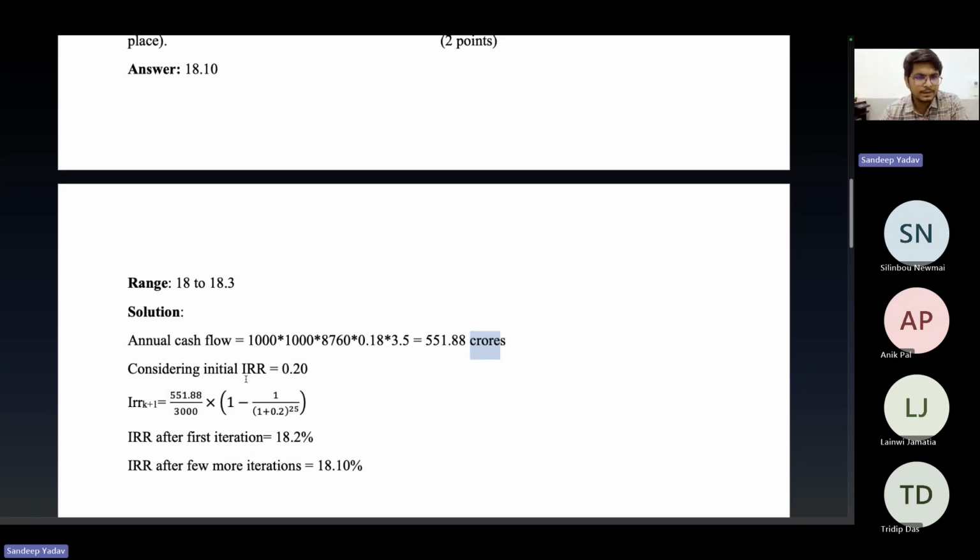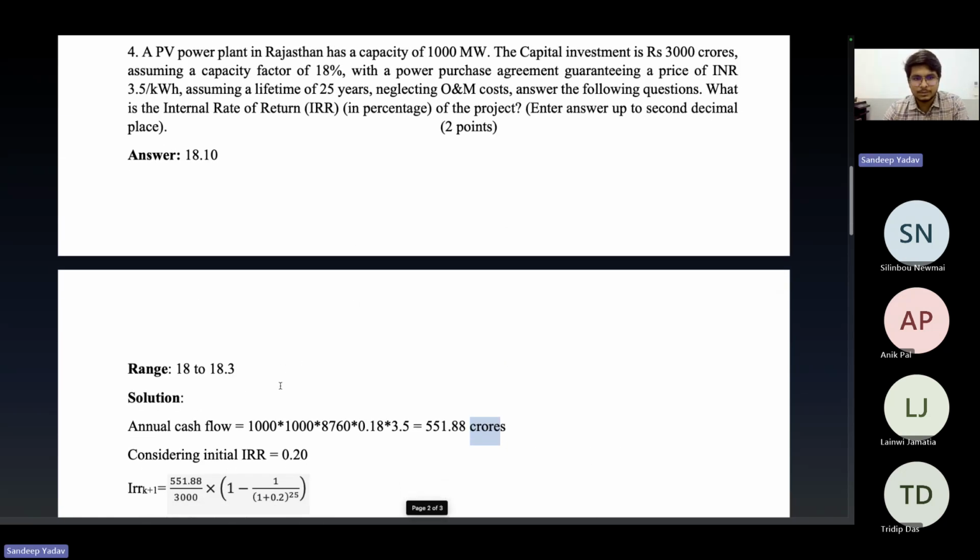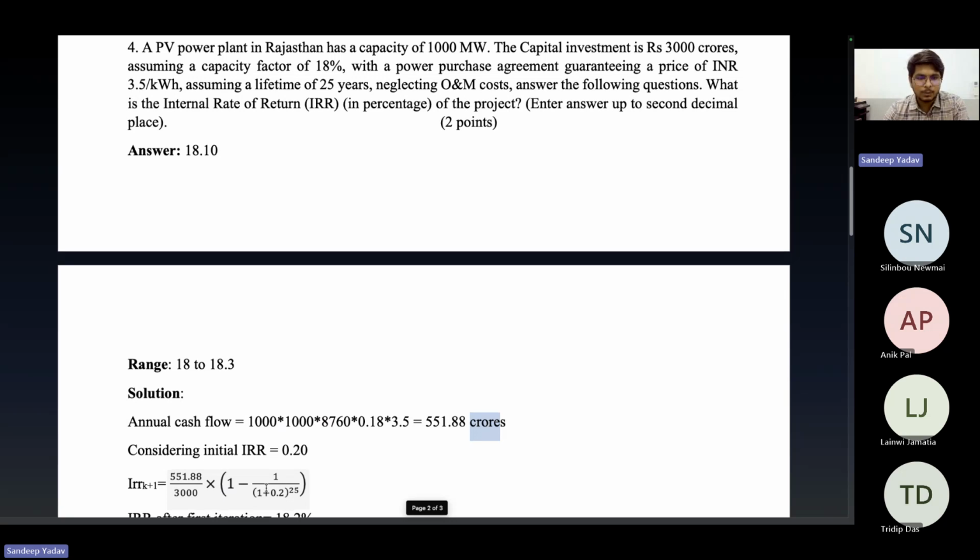Now for the internal rate of return, we first assume a value, considering 0.2. So the iteration is IRR(k+1) equals the annual cash flow divided by C0, that is the capital investment, times 1 minus 1 upon (1+IRR) to the power 25.